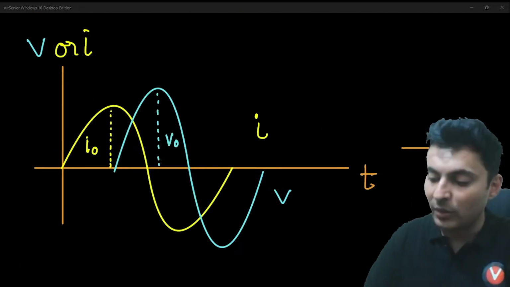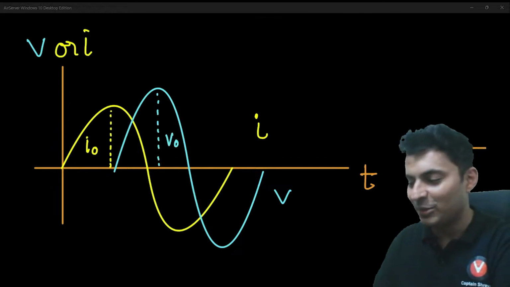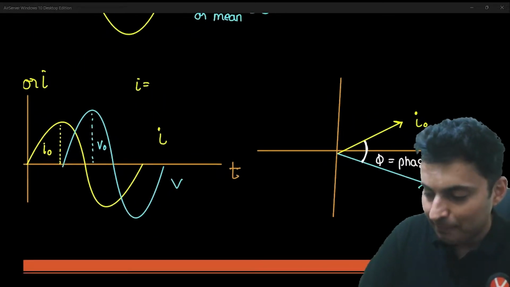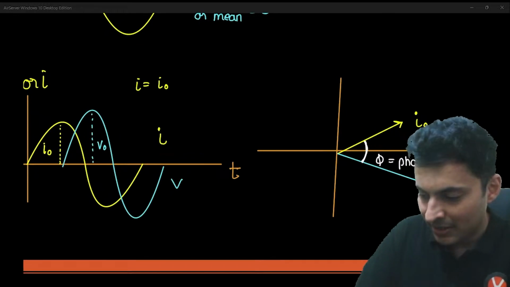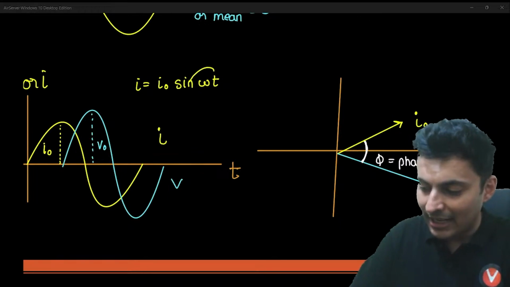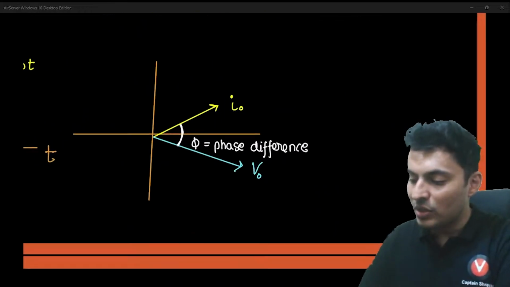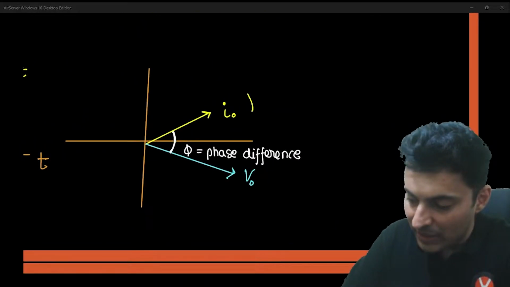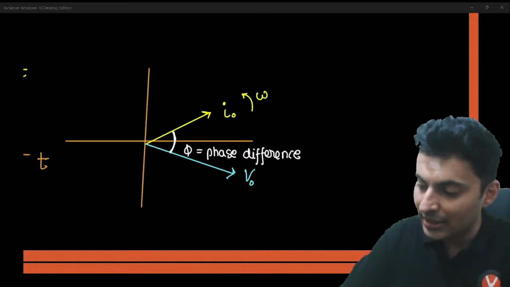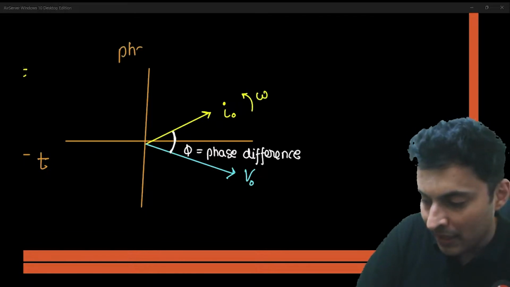This will be V naught. Okay, these are some things which you should know. So if I represent current as I naught sine omega t, this omega is also the angular speed of rotation in this phasor diagram.